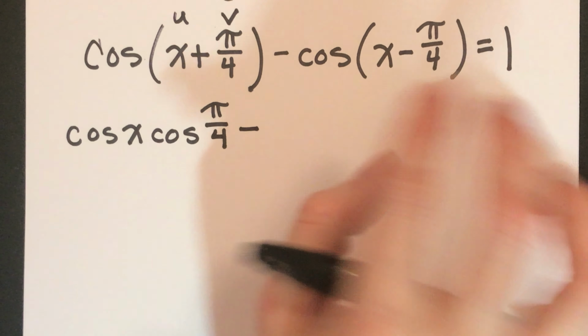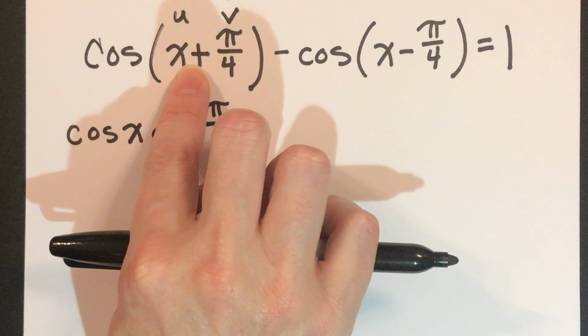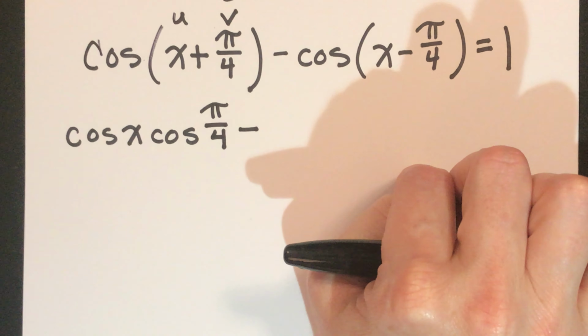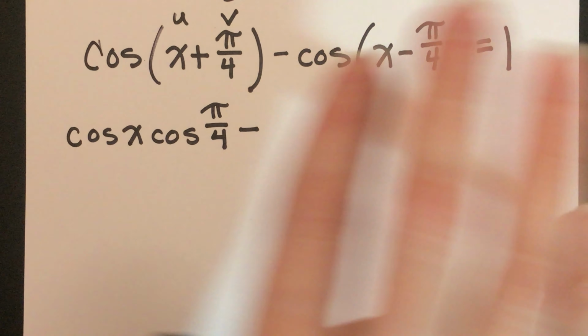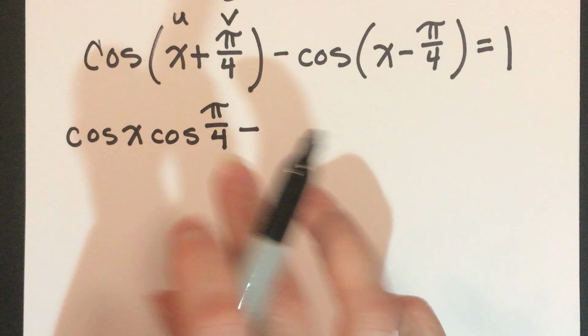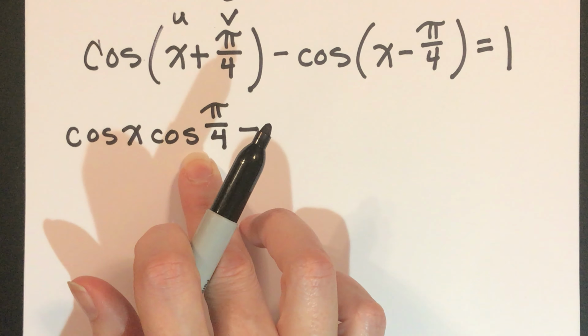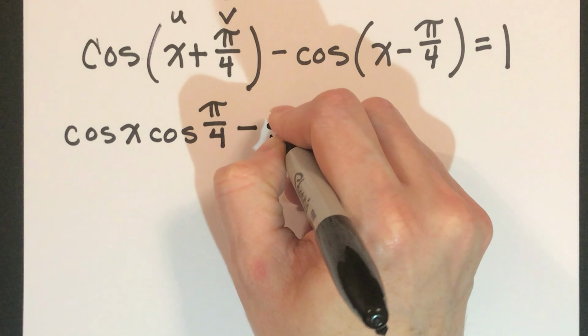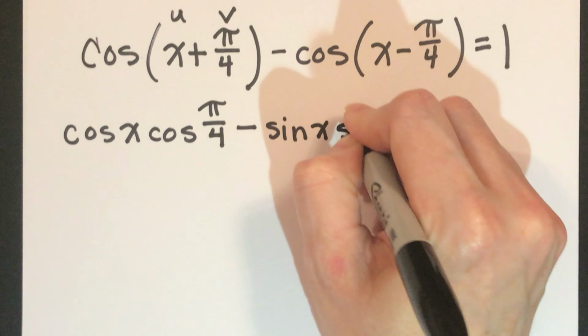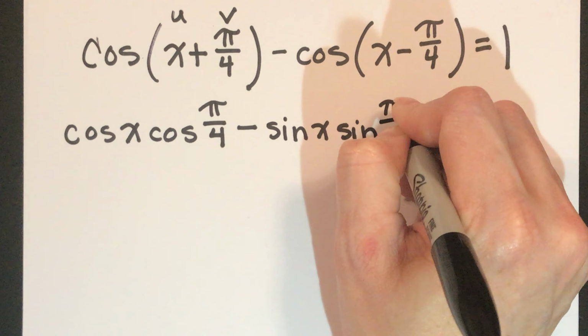So it's interesting because the addition formula actually has minus and the difference formula is the one that has plus. So for cosine, not for sine, but for cosine, minus the sine of u times the sine of v.